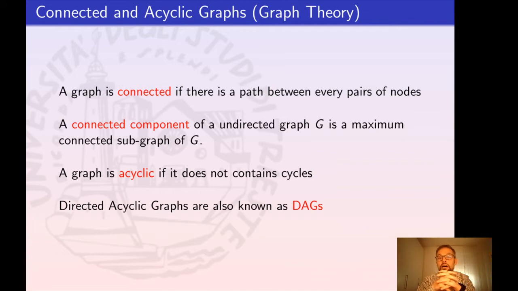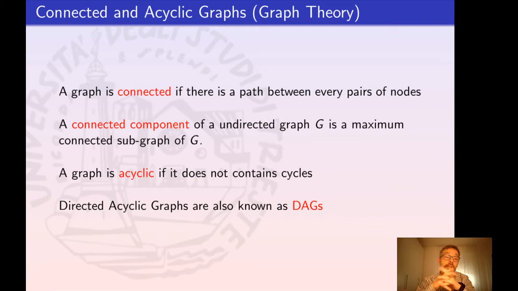There will be a corresponding notion on the directed graphs. We will see it in the next lesson probably. However, as far as the undirected graph is concerned, as I said, a connected component is a maximal connected subgraph in G. Okay.